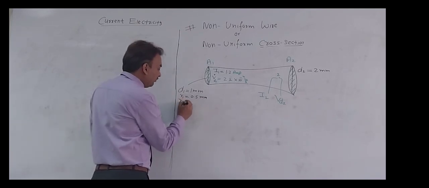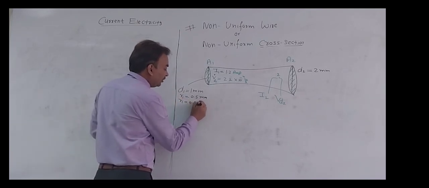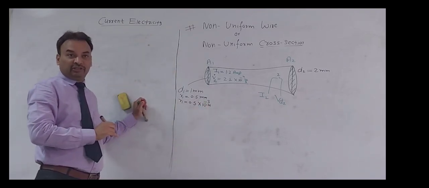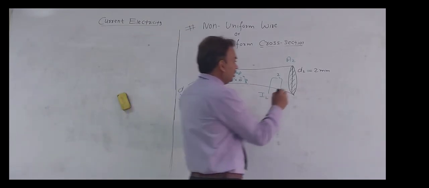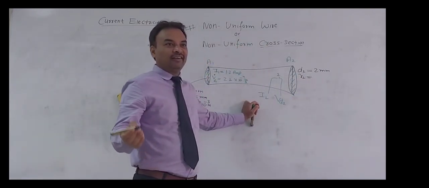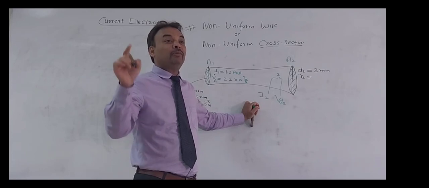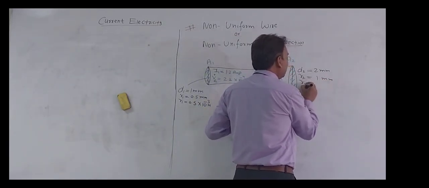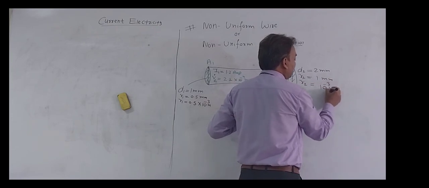So I can write R1 is equal to 0.5 multiply 10 to power minus 3 meter, because I have to change into meter. Likewise, R2: if diameter is 2, radius will be 1 millimeter, and 1 millimeter is equal to 10 to power minus 3 meter.